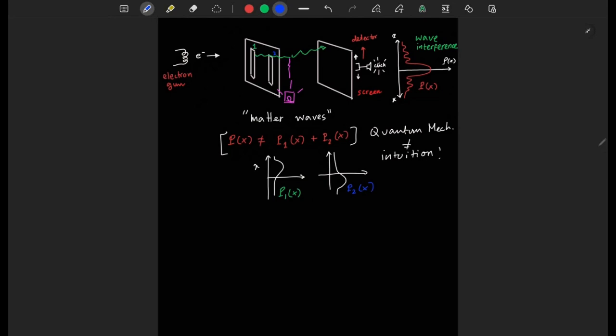So most of the electrons end up either behind slit 1 or behind slit 2, as we are seeing them getting scattered by the light. Then what is the total probability?